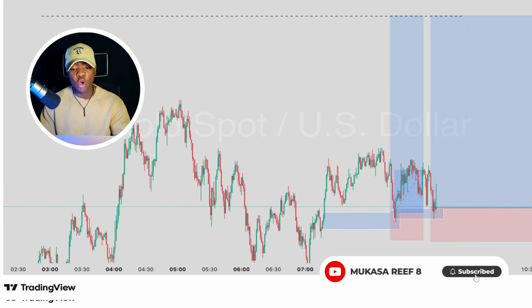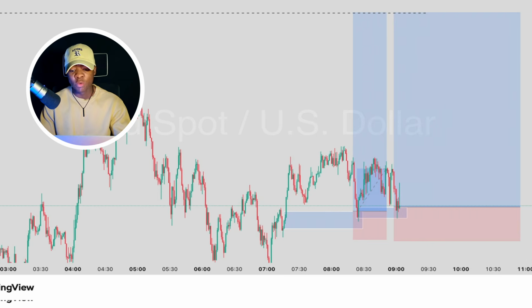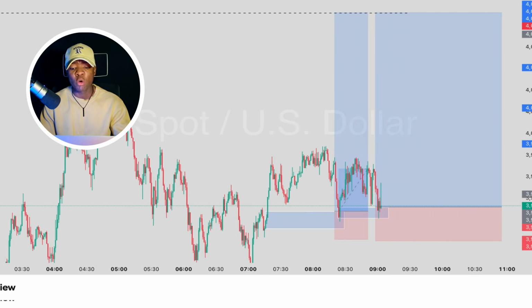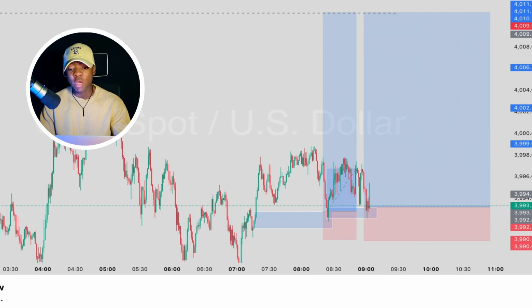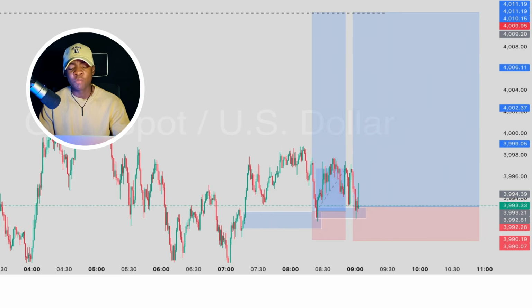Then we can move. This was the trade before, and we had already gotten into this one, but still we were seeing some orders that were still waiting to be executed right here. So this was the trade before, and we want to see further confirmation with the footprint chart to give us more confidence to see how we can get into this trade.